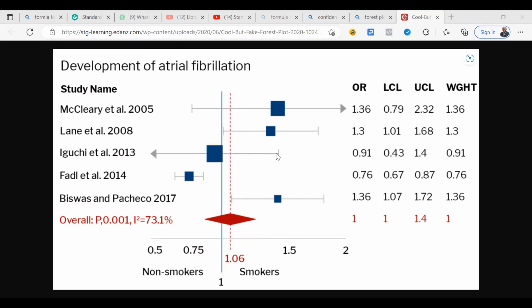It's not about the precision now. The main thing is that the interval crosses 1. Now look at this one. Can someone interpret this one now? Pardo et al. 0.76. The odds ratio is less than 1.